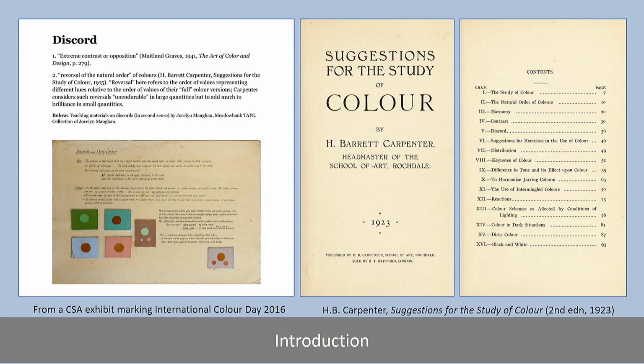And I'd noticed that the text in the portfolio and in her teaching materials were, I recognised, from a book by a theorist called Henry Barrett Carpenter, who was a teacher in Rochdale, which is just down the road from where Phyllis Shillito was teaching before she came to Australia.